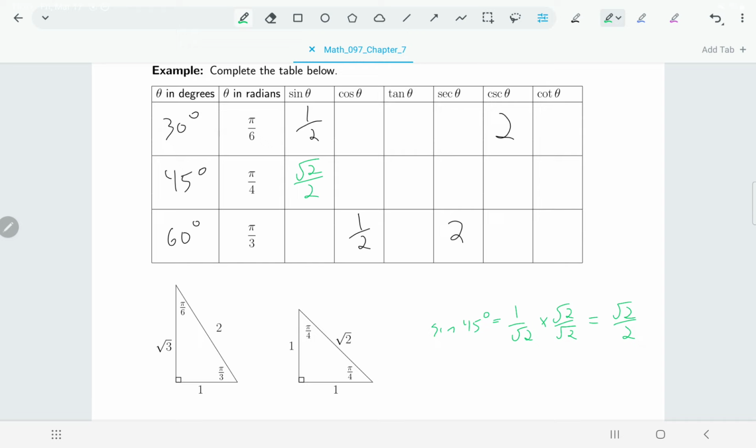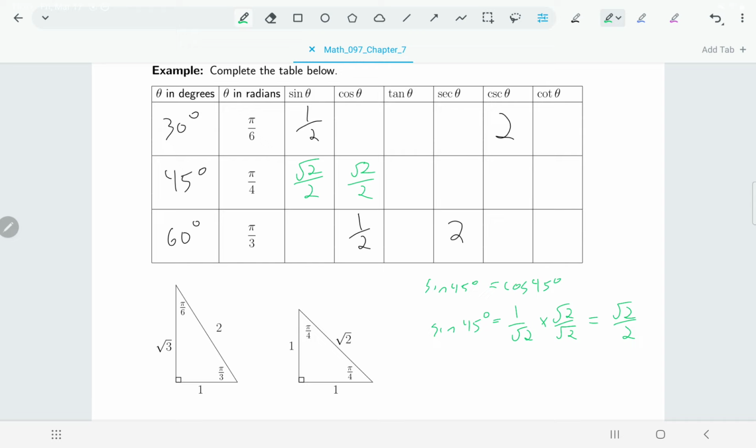I'm going to do the same sort of thing that I did before, which is, sine and cosine are cofunctions, and 45 and 45 add up to 90, so you know that sine of 45 and cosine of 45 should be equal to each other. So cosine of 45 degrees should also be root 2 over 2.